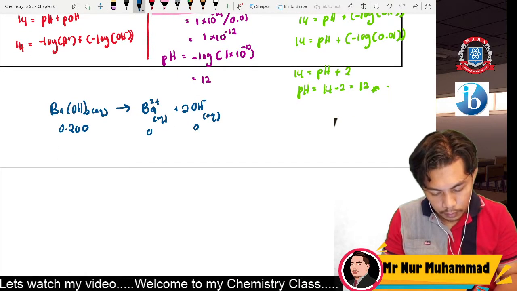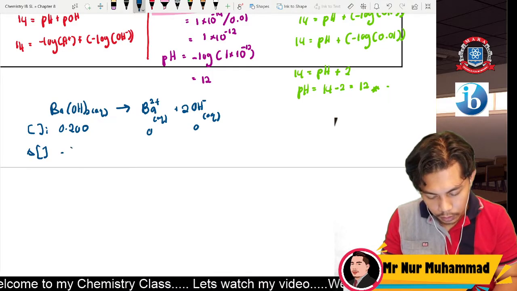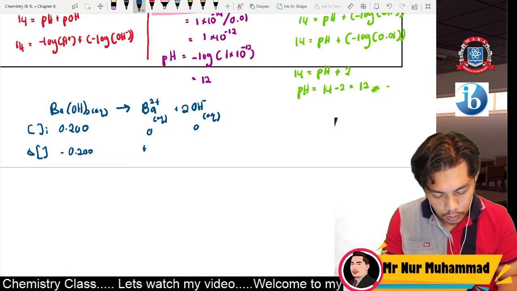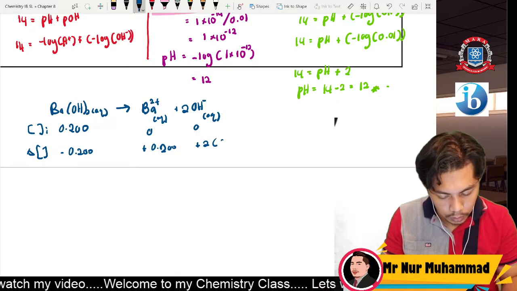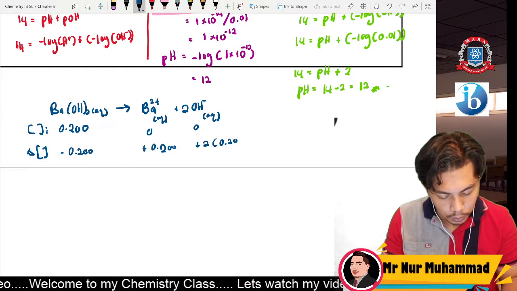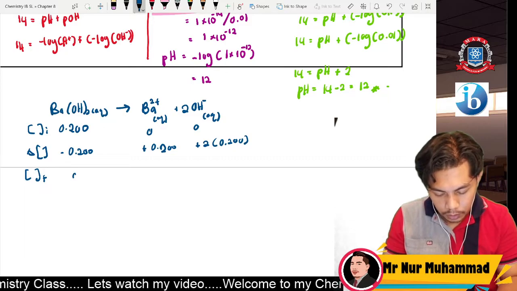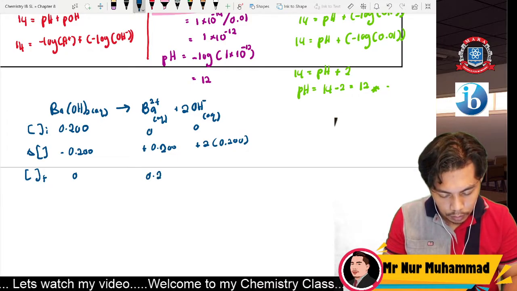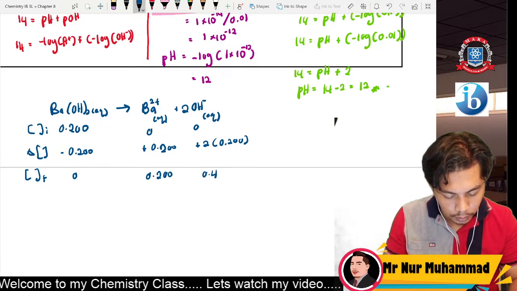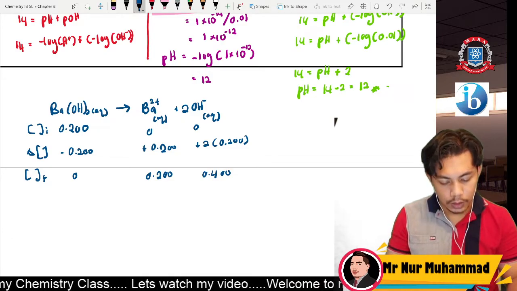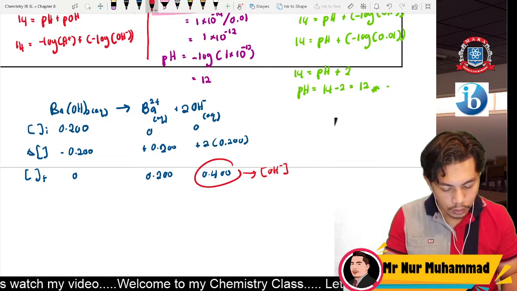This is initial, and then the change in concentration is minus 0.200 barium hydroxide, plus 2 times 0.200 hydroxide. The final concentration of the reactant becomes 0, barium is 0.200 molar, and hydroxide ion becomes 0.400 molar. So this is the concentration of hydroxide ion.